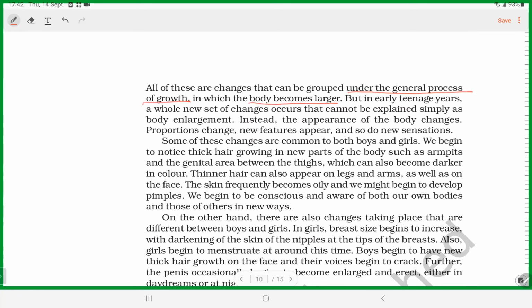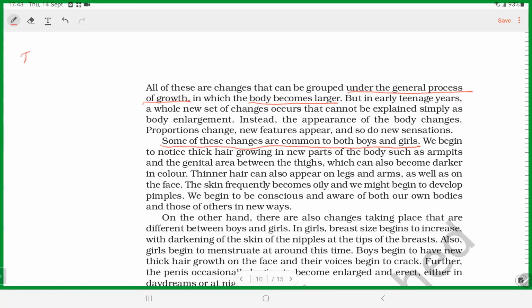Now, in sexual reproduction, what kind of changes do we need to understand? There are some changes common in both boys and girls. They are called sexual characters: primary sexual characters and secondary sexual characters.